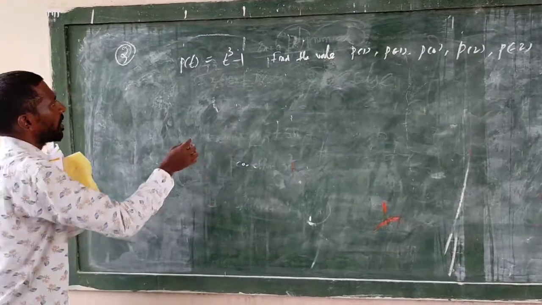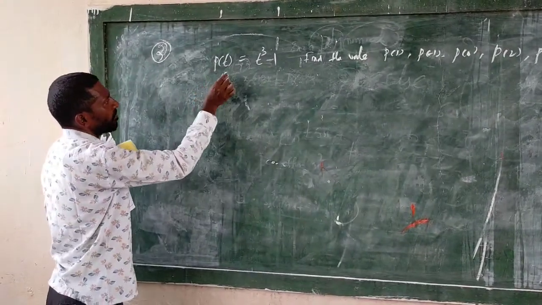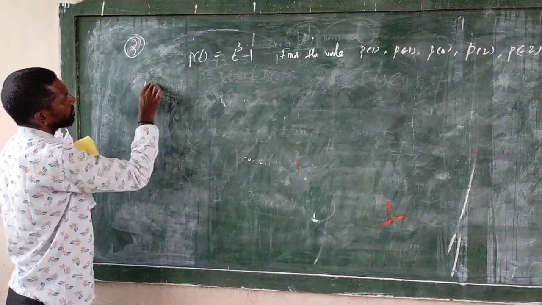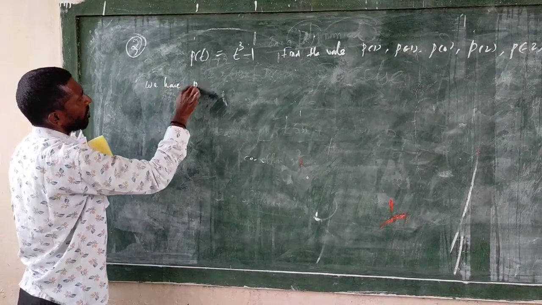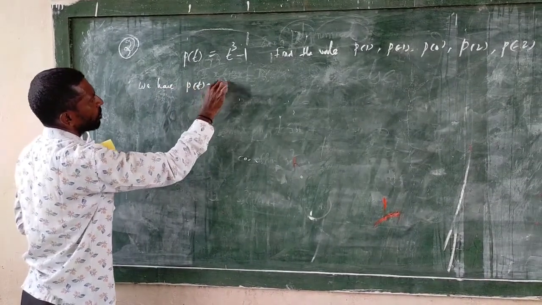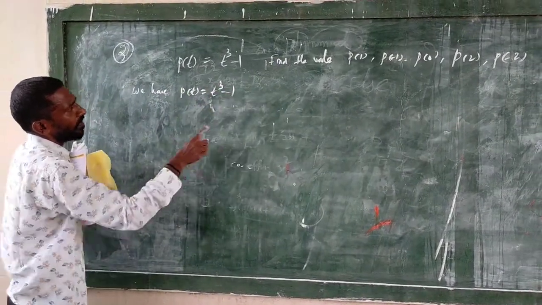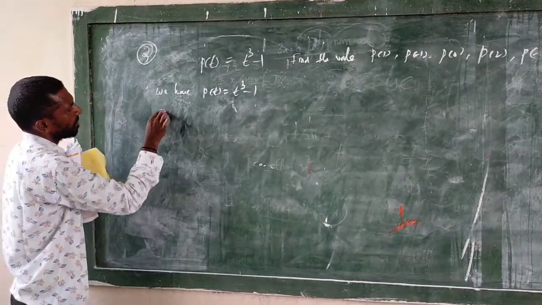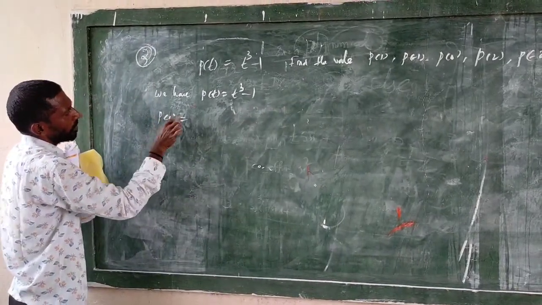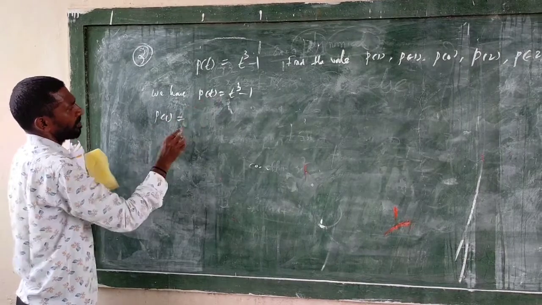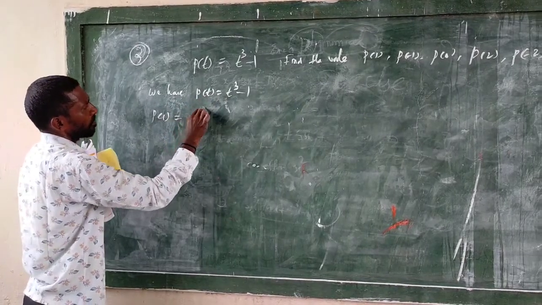So substitute these values. Given P of t equal to t cube minus 1, find the value P of 1. Here P of 1 equal to, putting t value 1, 1 cube minus 1.